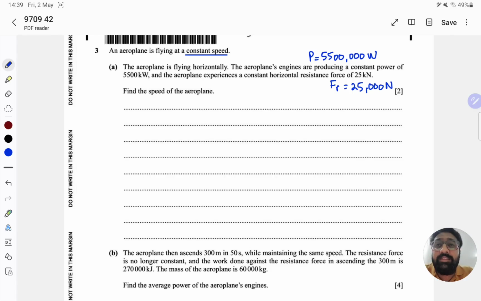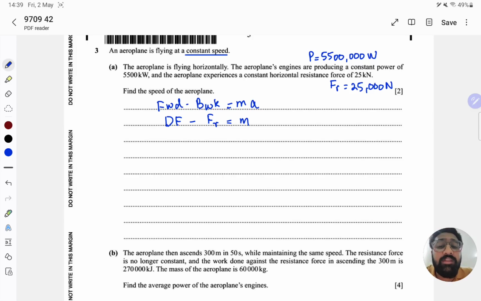Since the object is in motion, we will apply forward minus backward is equal to ma. The forward force is basically the driving force, minus the backward force, which is the resistive force. Do we have the mass? We don't have the mass.